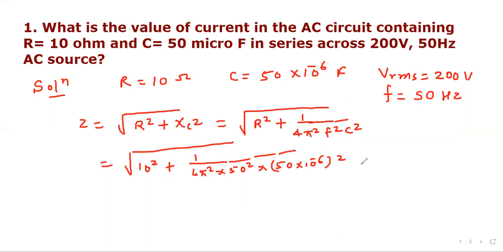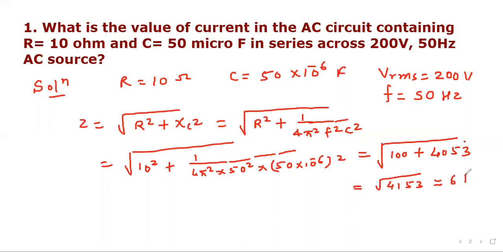So if we simplify, it will come out to be root of 100 plus 4053, that is root of 4153. This is roughly equal to 64.44.